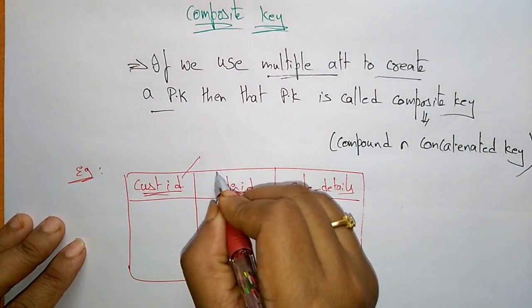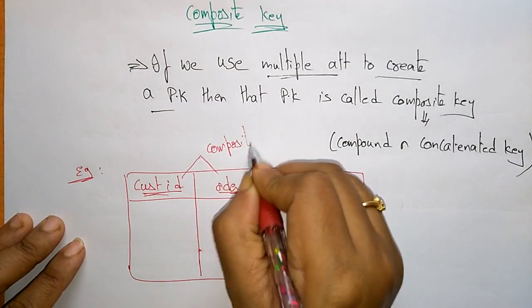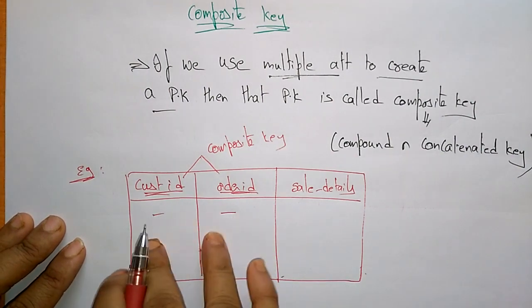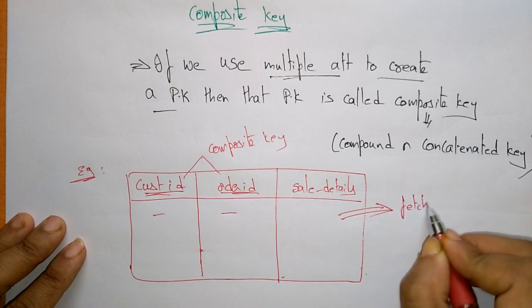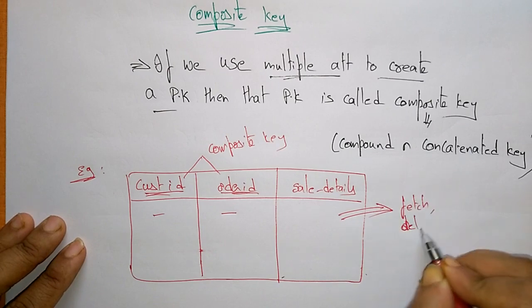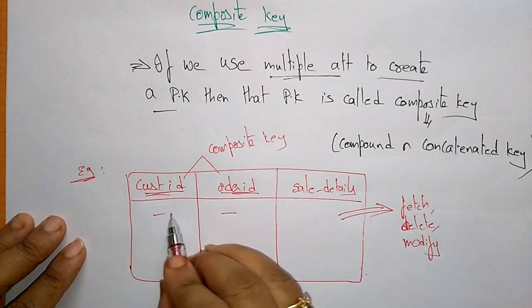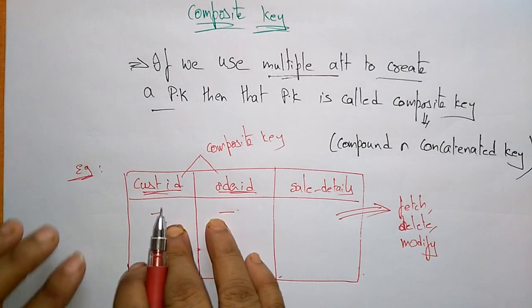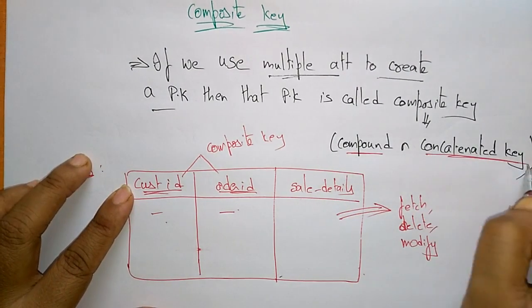So if you're using two primary keys, then you call it as a composite key. So if these two fields are satisfied, then we can fetch, delete or modify the details in the table, only if these two conditions are satisfied. So that you call it as a composite key, compound or concatenated keys.